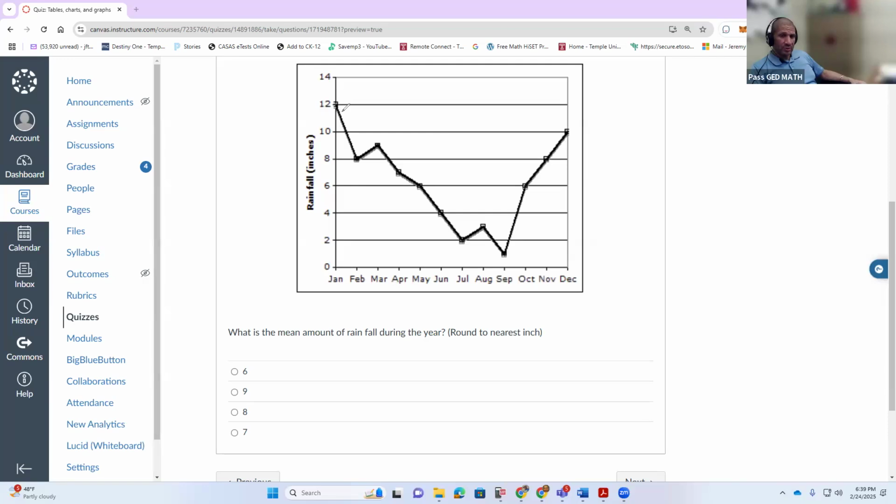So 12 plus 8 is 20, plus 9 is 29, plus 7 is 36. I wasn't looking at that. Again, this is where you need to understand what you're looking at. In order for me to find the mean, you knew how to find the mean, you said add them up. But now what are we adding up? We're adding up the amounts for each month.